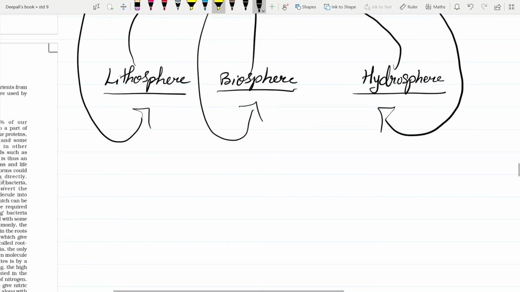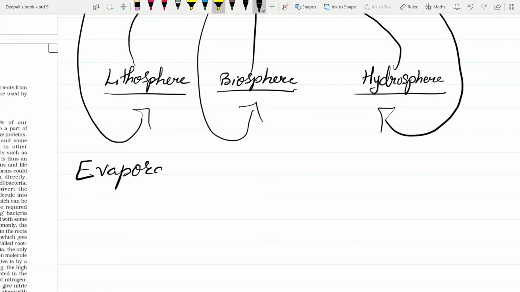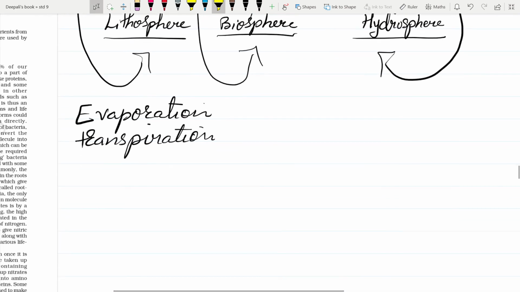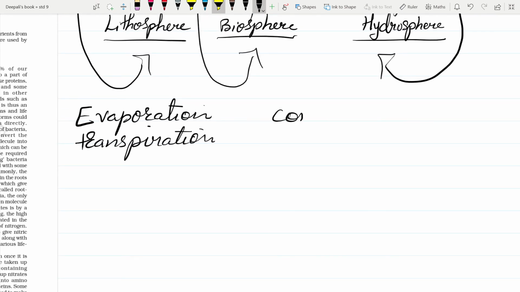Now the processes involved in this are evaporation, transpiration, condensation, precipitation.